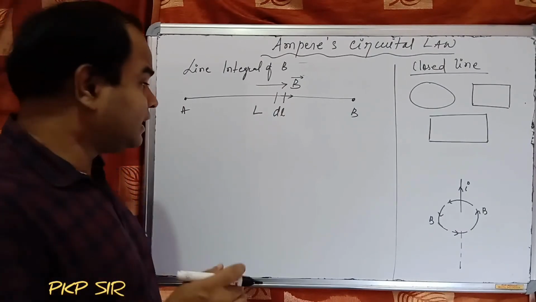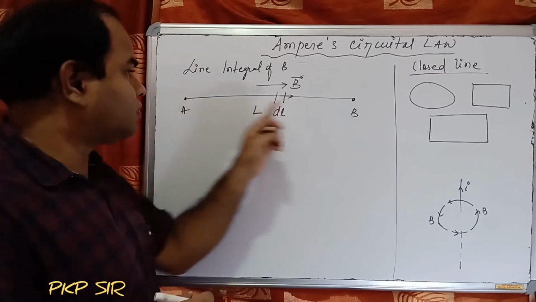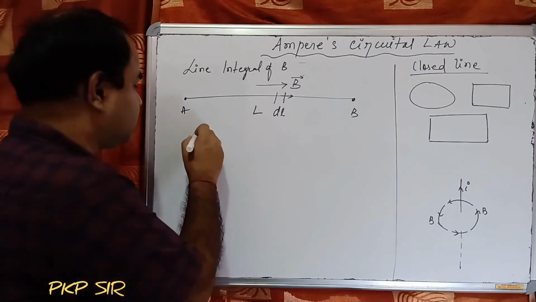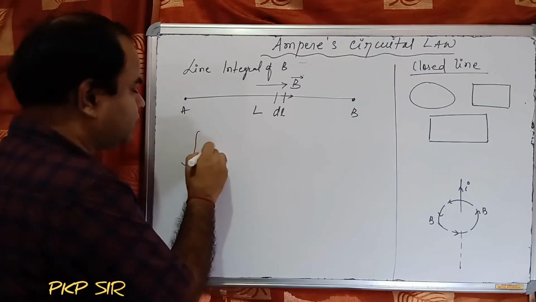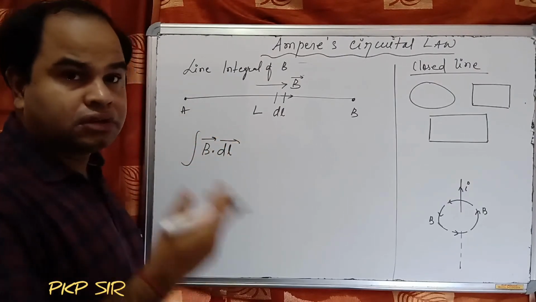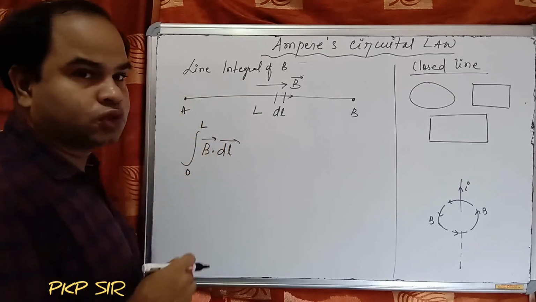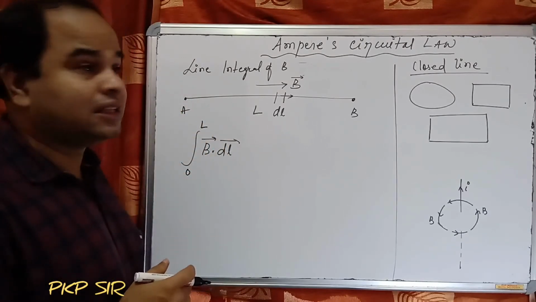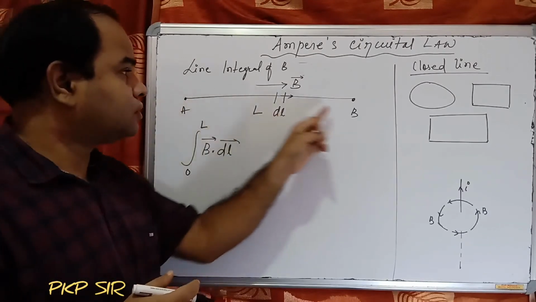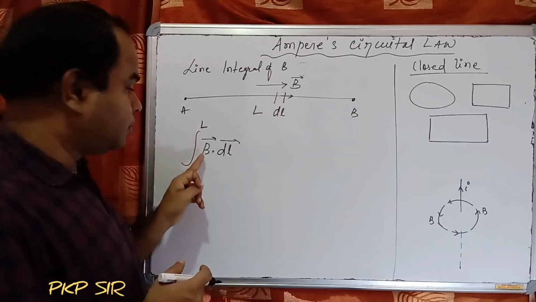So the line integral of magnetic field across the length is given by the integral of B dot dl. Across the length L means from 0 to L, so we integrate the magnetic field across the length L. That's why it is the integral from 0 to L of B dot dl.